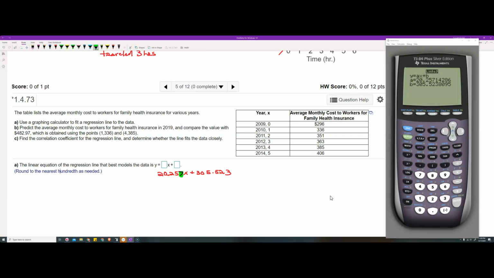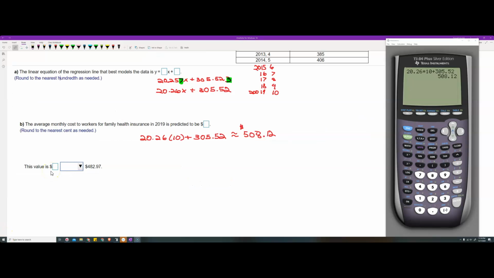So we're going to look at the 7 and the 3 and round our answer. So we would go 20.26x plus 305.52. And that is our equation. And then you're asked to answer this question.